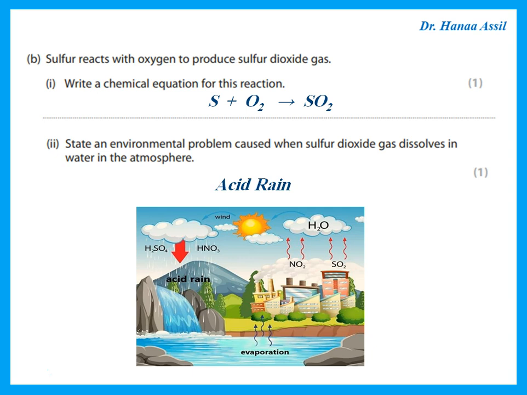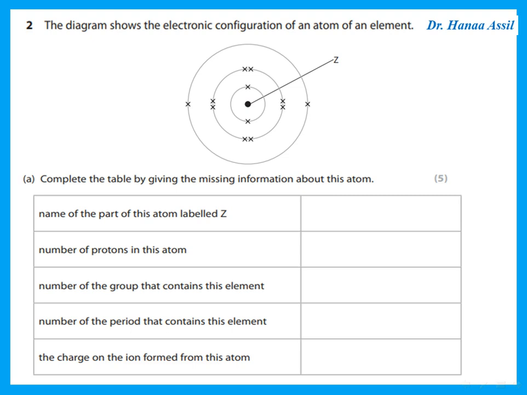And of course, you should know acid rain is actually sulfuric acid or nitric acid. And you should know that acid rain dissolves limestone in buildings, causing it to crumble. It kills marine animals and it kills plants.